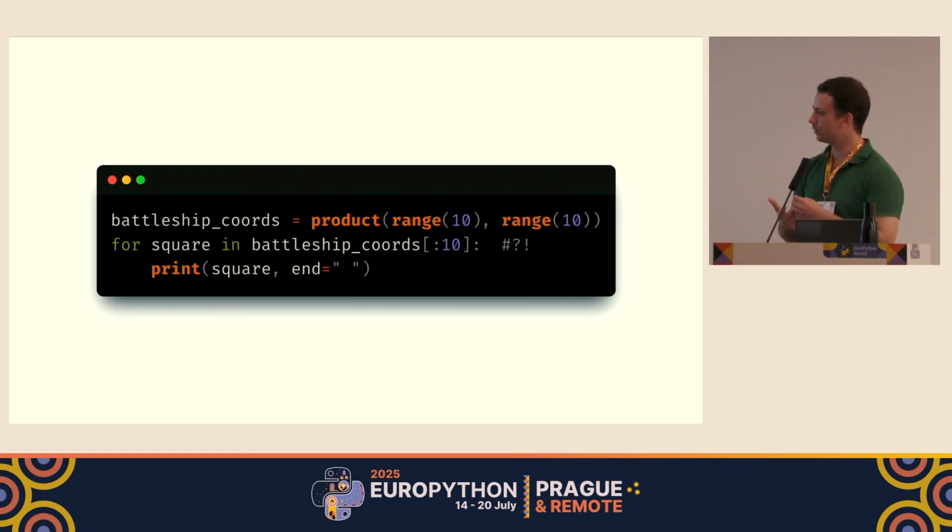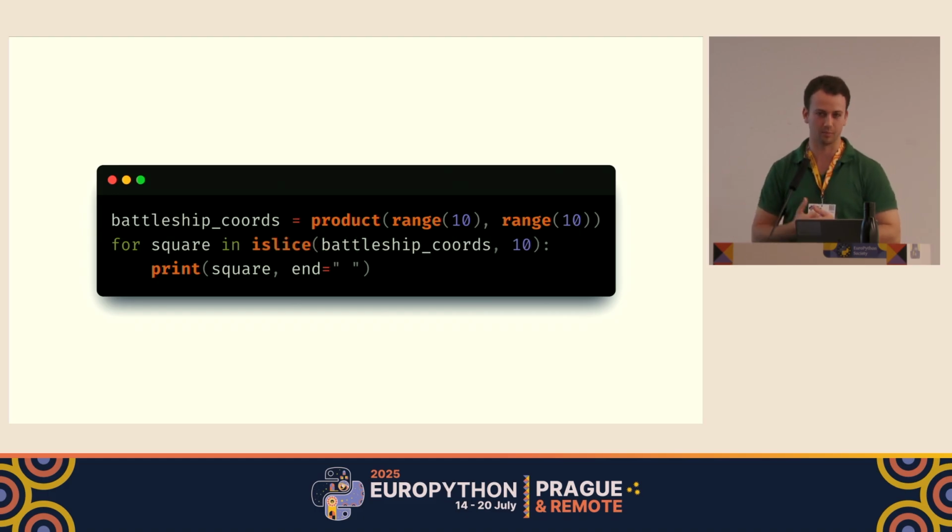I used product, wink, wink, to figure out all of the coordinates of the board, and then I wanted to print a couple of them. And my instinct would be to slice things, but you cannot slice a product. But what you can do is you can iSlice the product.